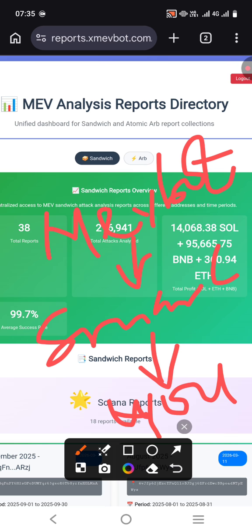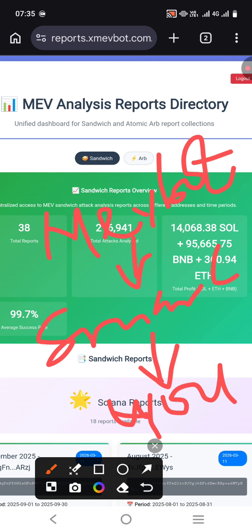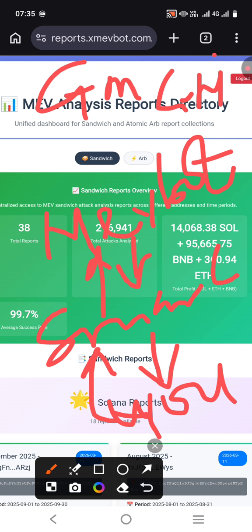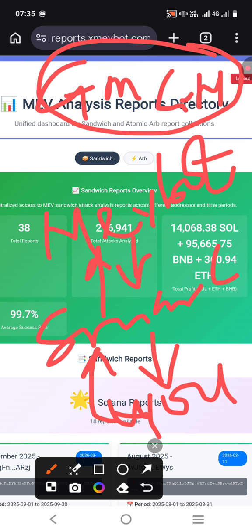You understand? So the usual flow is that you deposit into the contract. From the contract, it goes to the bot. The bot then begins to trade on GMGN. GMGN is the decentralized DEX pool whereby the bot connects to trade meme coins on different dexes: Pump Fun, Meteora, a lot of them like that.